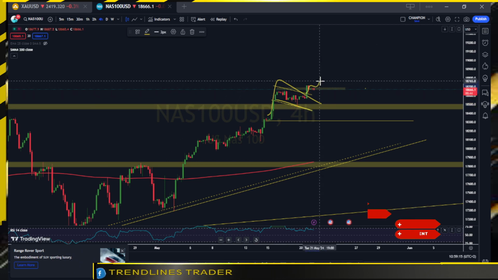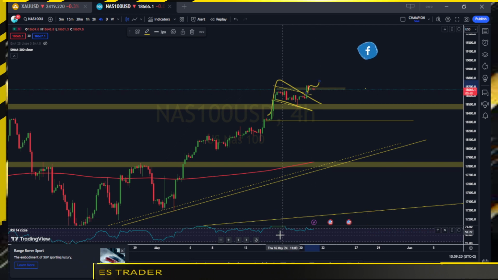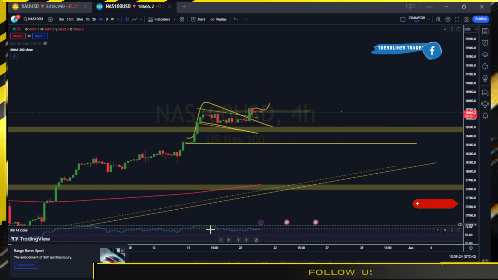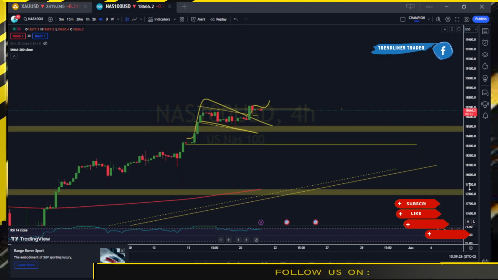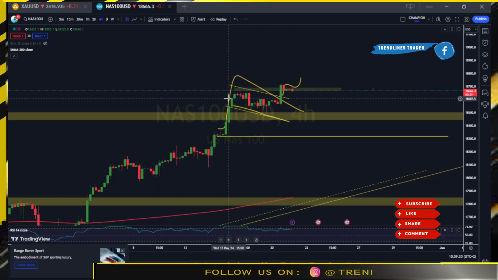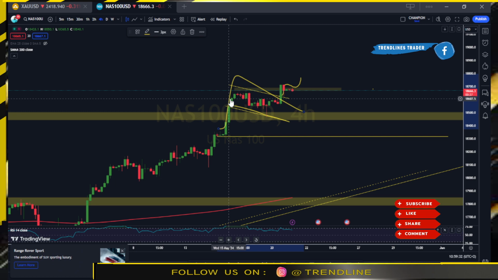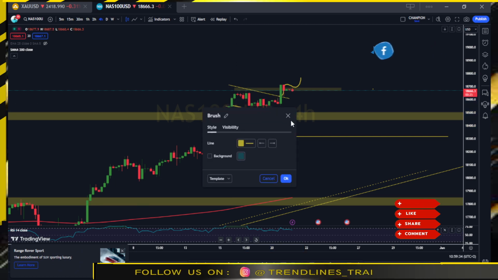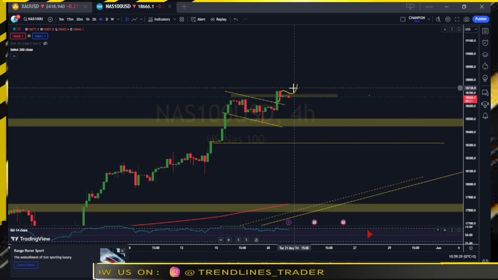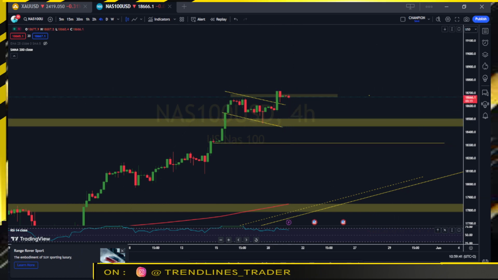We might have the price pushing towards the upside if it's going to respect this level, this position right here. Let me delete this. You can see that we had a flag, and now the price broke and is pushing towards the upside.